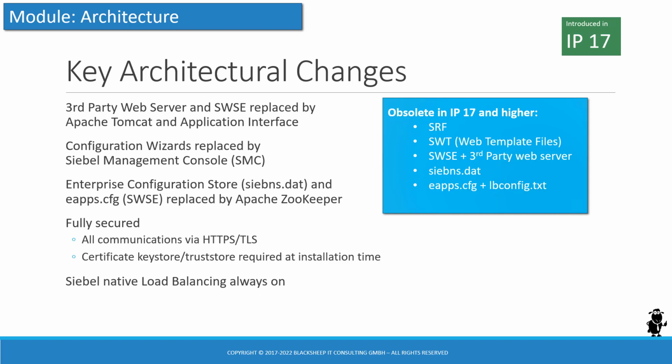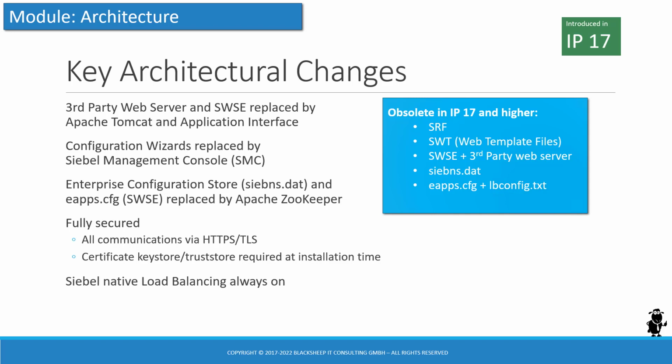Other chapters, such as the architecture chapter, covers the changes introduced between the old world of Siebel, such as IP16 and below, and the new world of Siebel introduced with IP17. So one of the aspects we discuss in great detail in the architecture chapters are the key architectural changes that you encounter when you cross the IP17 boundary.